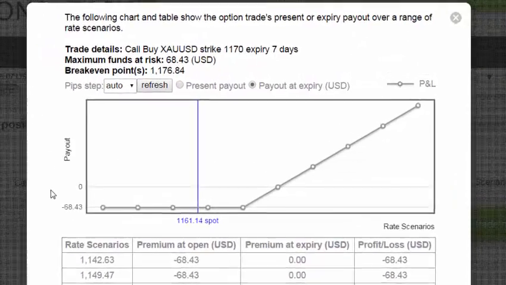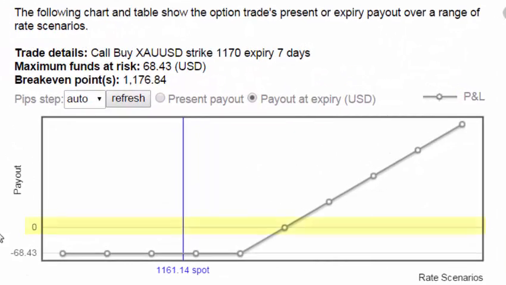Here, by looking at the payout at expiry, you can see this grey zero line, which is your break-even point. The blue line shows you the current level of the market, and you can see your maximum risk is the price you pay for the option.